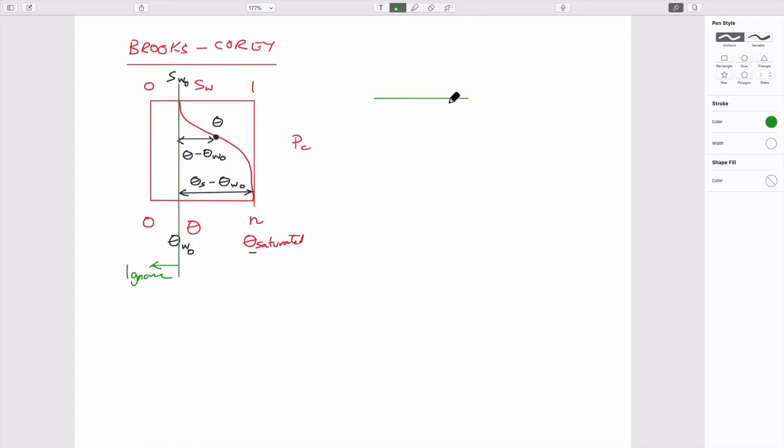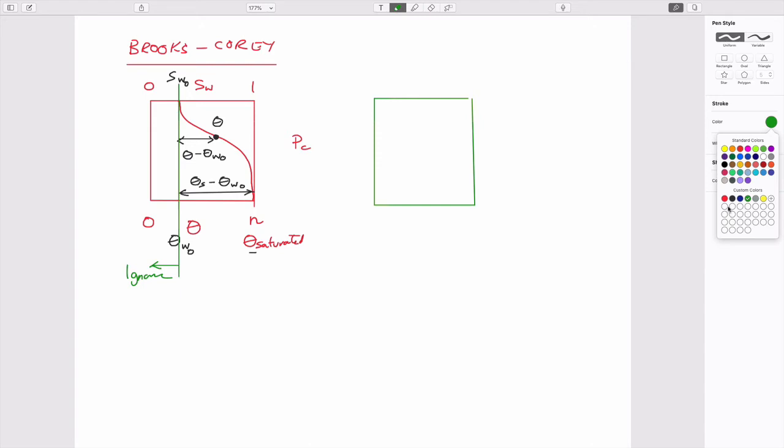So what we could do is draw that same diagram as before with the same curve on it. But when we think about the diagram, we're just going to draw it so that it starts here.